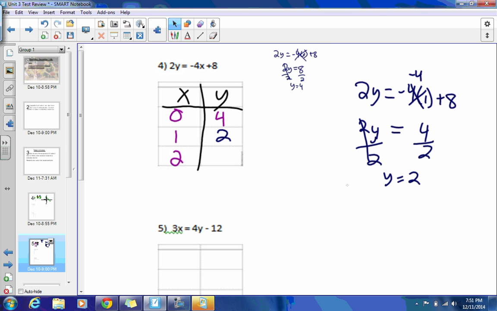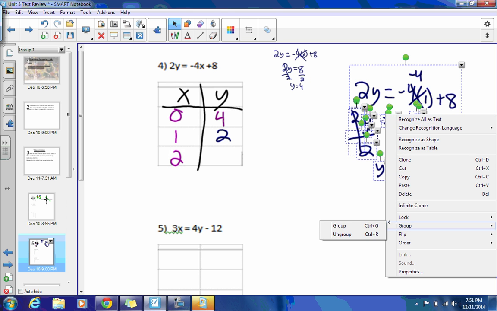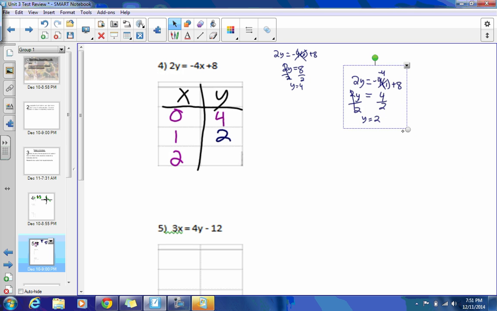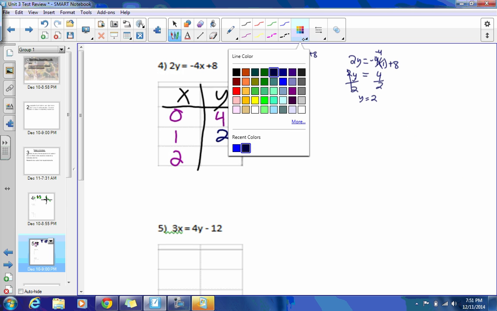And then we just have one left to do, and that would be when x equals 2. So let us do x equals 2.